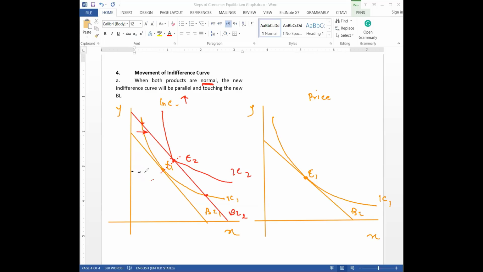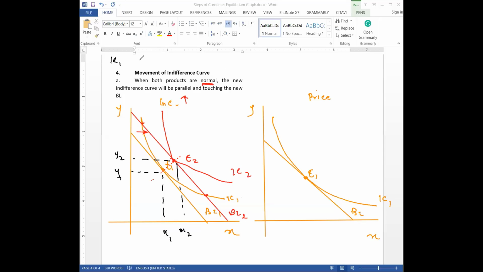So the outcome shown here, let me take a black color, is that initially we were buying Y1 and X1. Because of the increase in income, now this is Y2 and this is X2. So this way you make two indifference curves. Let me label it.